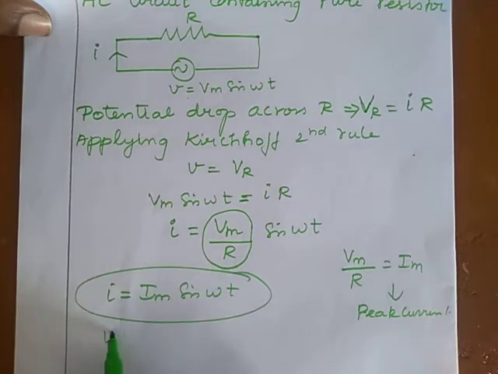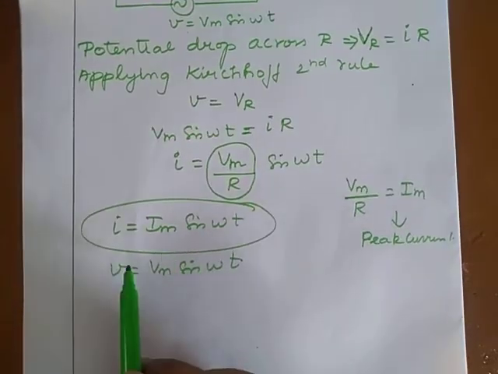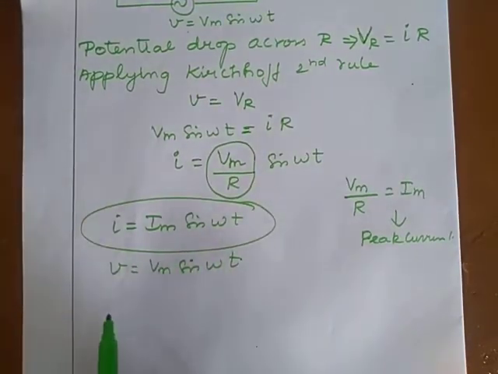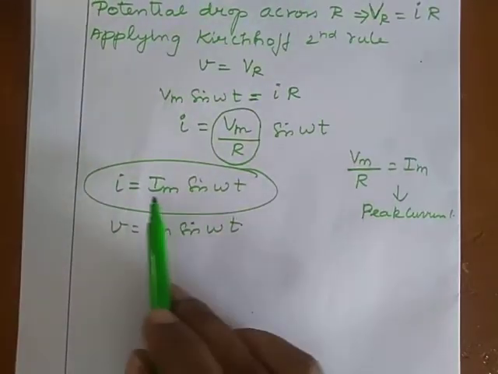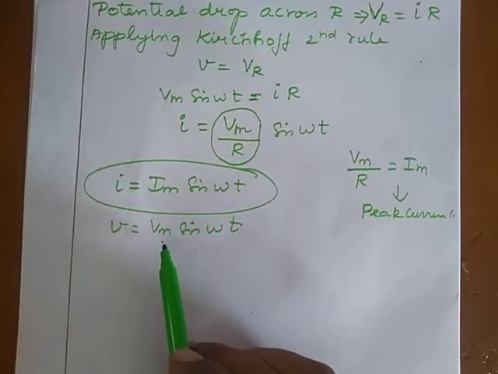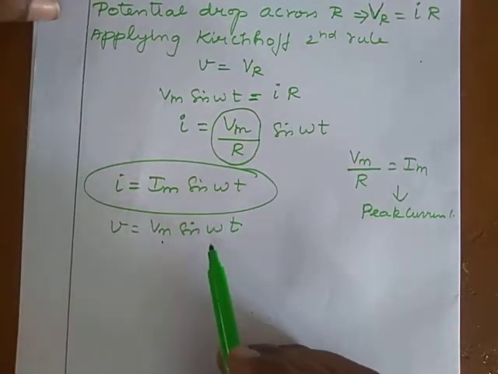We know V is equal to Vm sin omega t. Comparing these two equations, we know the applied voltage and the current are in phase with each other in a resistive circuit. This one is Im sin omega t, this one is Vm sin omega t. There is no phase difference.